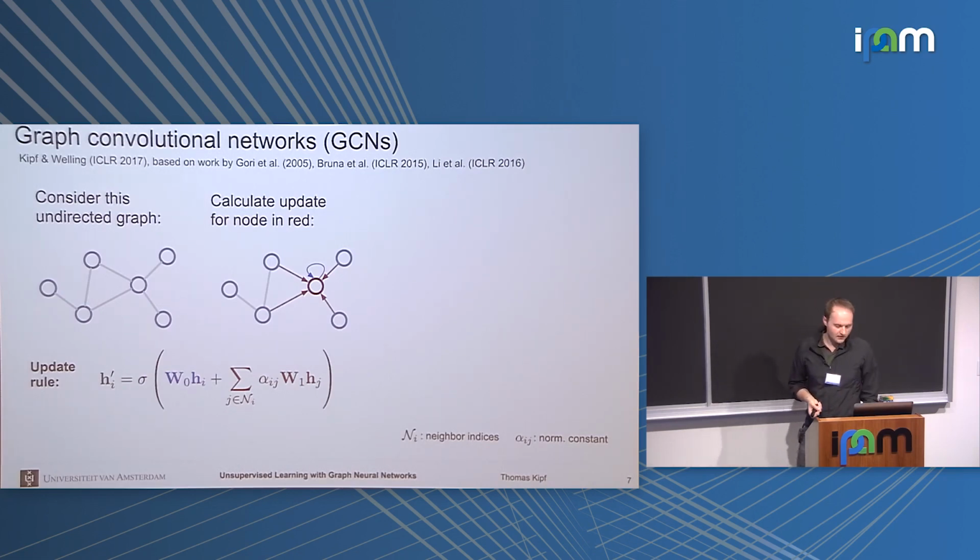In this case, all the model would do is have this diffusion or aggregation operation over these neighbors. Here, these are all the neighboring feature vectors. You transform them all with the same weight matrix, and then you normalize the sum, because if you don't normalize, very often these things blow up for very large graphs with many neighbors. And gradient descent is not scale invariant, so you really care about the scale of these activations.